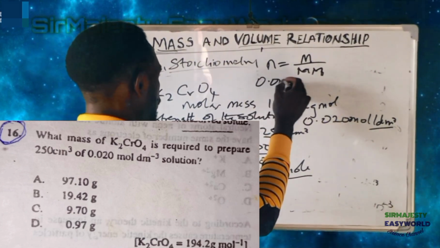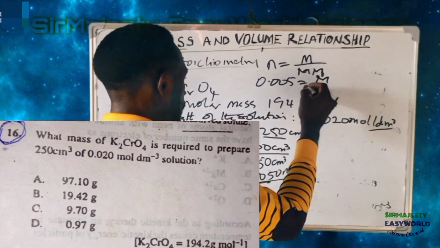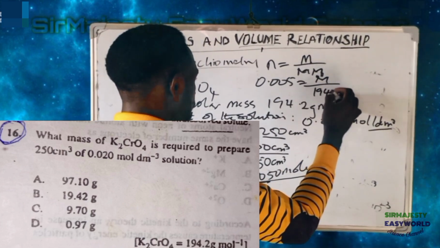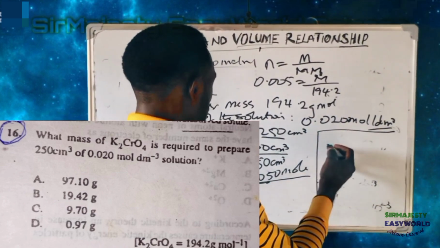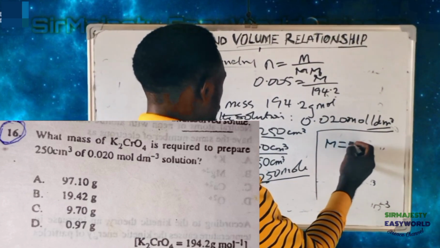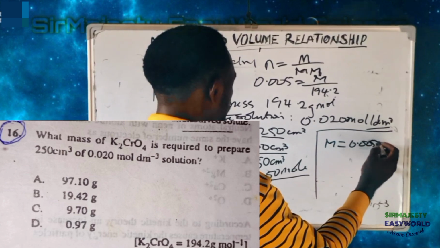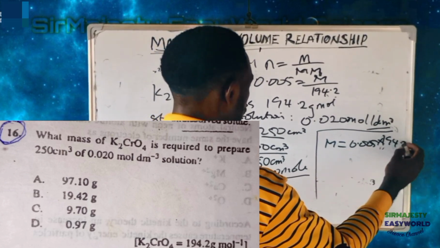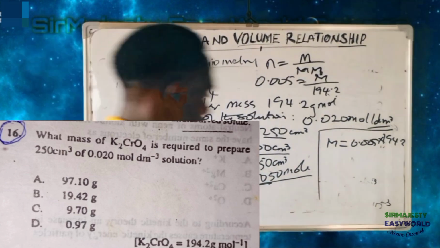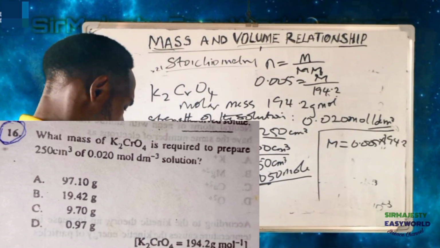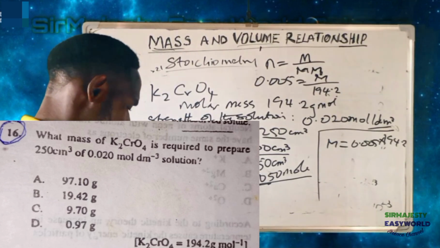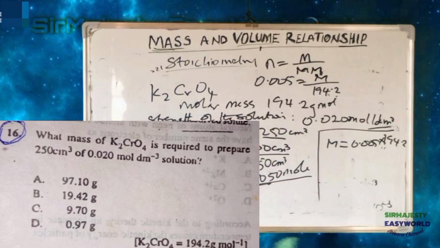Therefore, 0.005 is equal to the mass we are looking for all over molar mass, which is 194.2. So mass is equal to 0.005 times 194.2, which is 0.97.